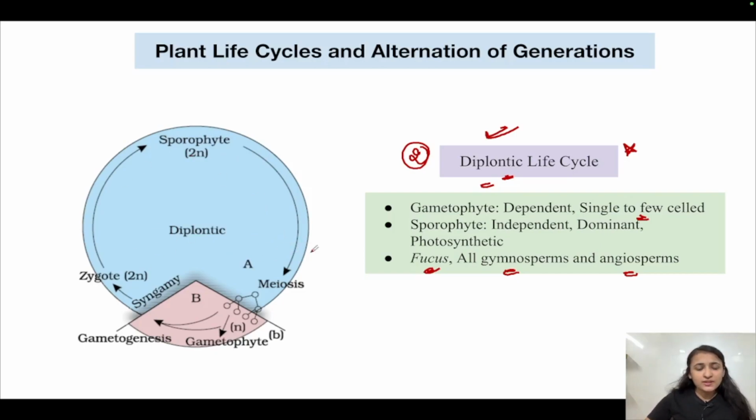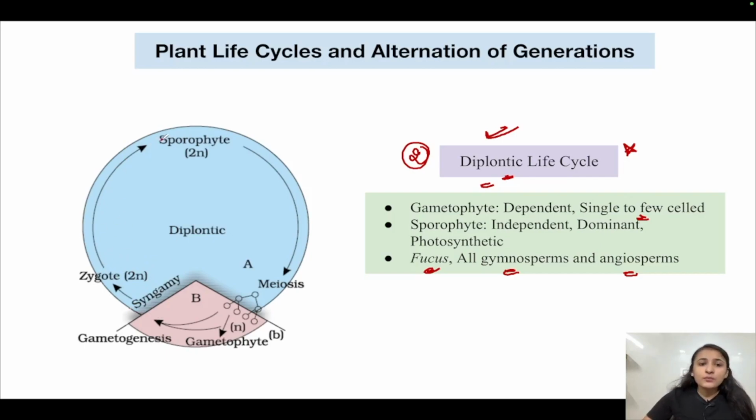See, the blue colored portion is larger in size, the pink colored is small in size. So the haploid stage is shorter, the diploid stage or the sporophytic stage is larger, the gametophytic stage is reduced. So this is the gametophyte, the gametophytic plant body. It will undergo gametogenesis via mitosis in order to form gametes. The gametes will fuse, fertilization will happen to form a diploid zygote.